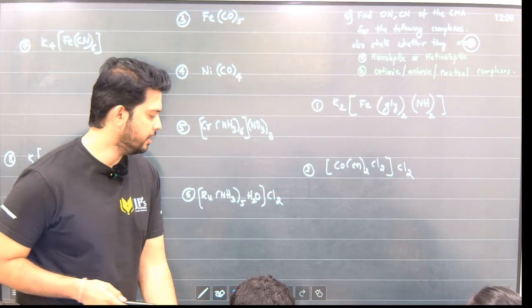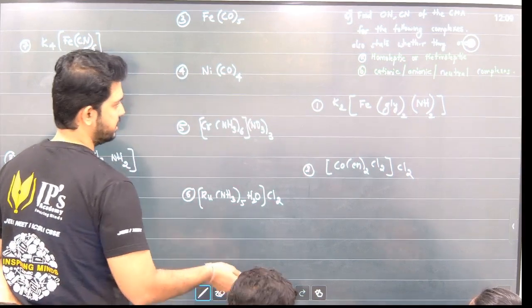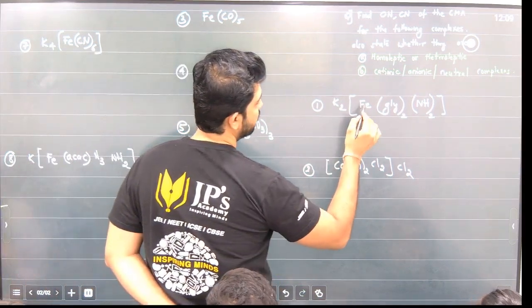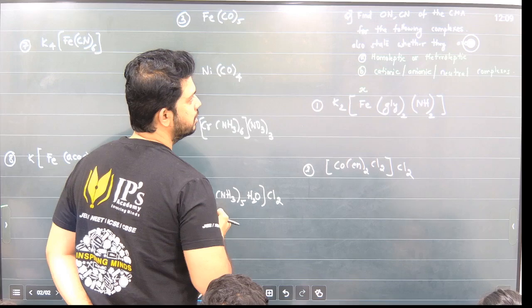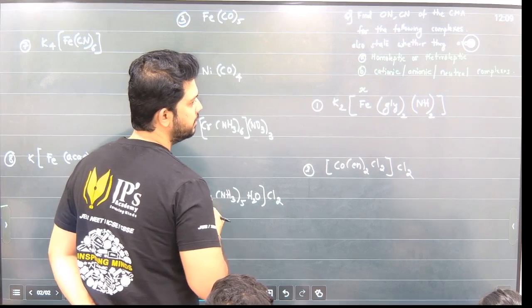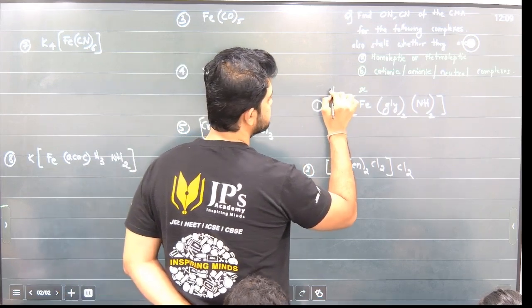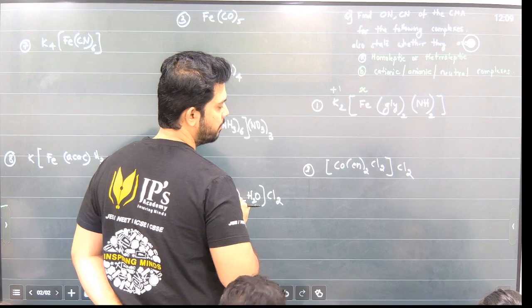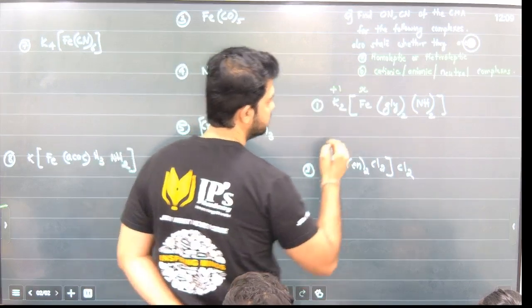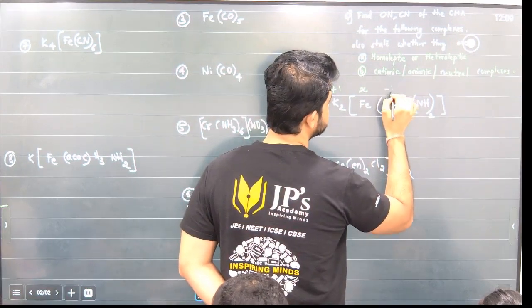Now, how do you find oxidation number? This is just basic redox. So let's say on Fe, let the oxidation number be X. What is for potassium? Group 1 element? Plus 1. What about glycinato? Please go and check what was the charge on glycinato? Minus 1.